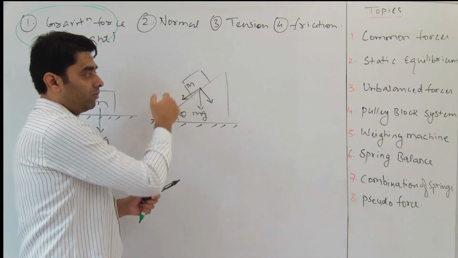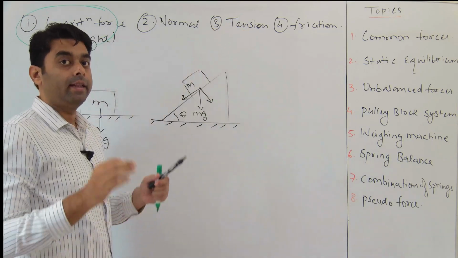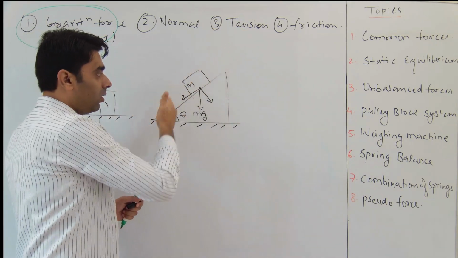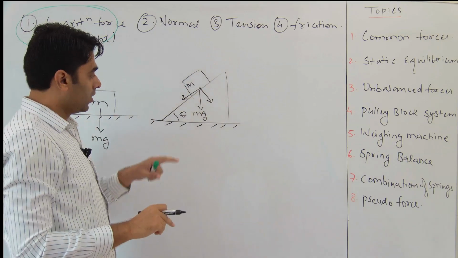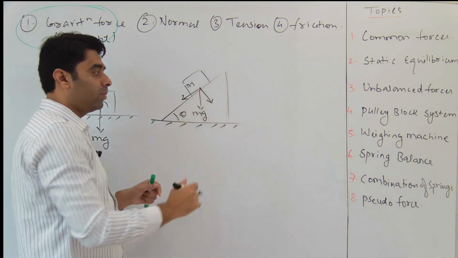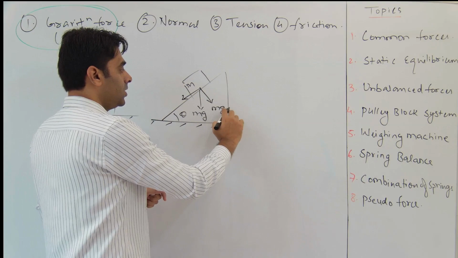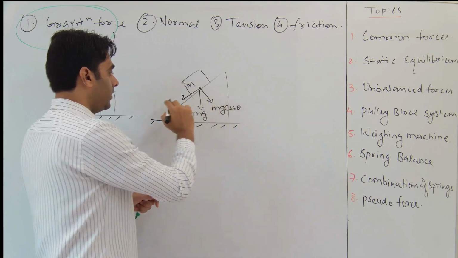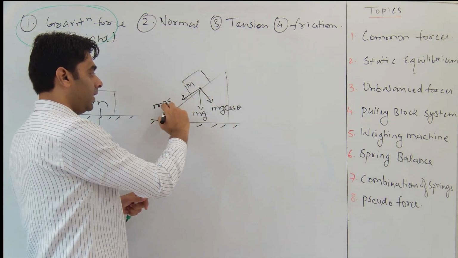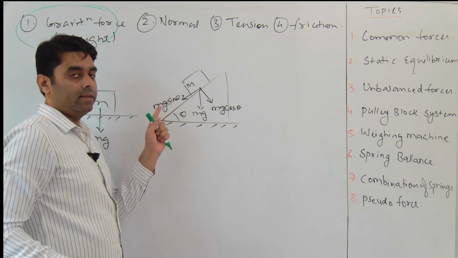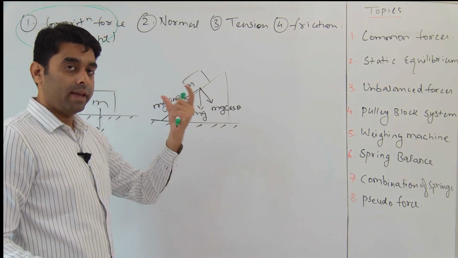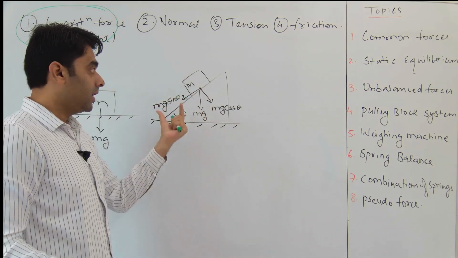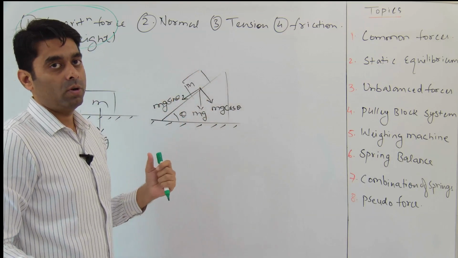Because the motion of the block will happen along the incline, we find the forces along the incline and perpendicular to the incline. If this angle is theta, then the two components come out to be mg cos theta and mg sin theta. Actually, mg sin theta, the component of mg, is responsible for the motion of the block on the incline.